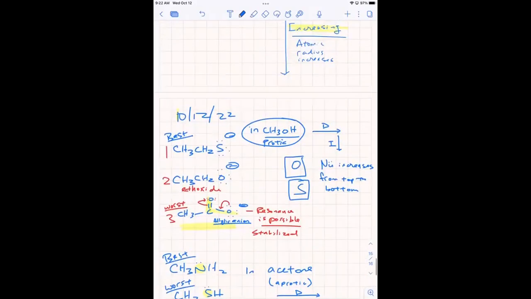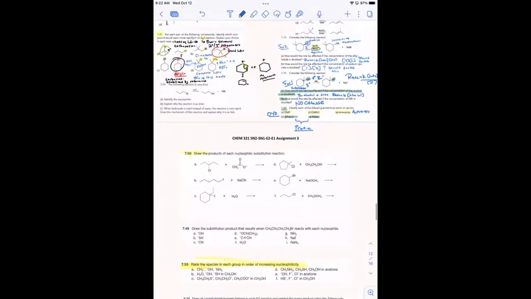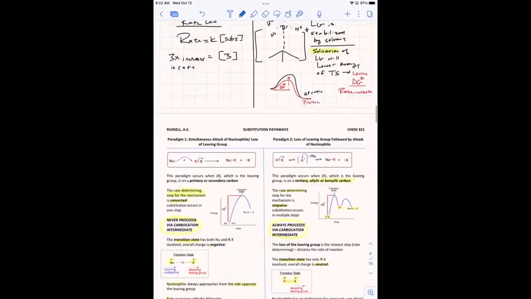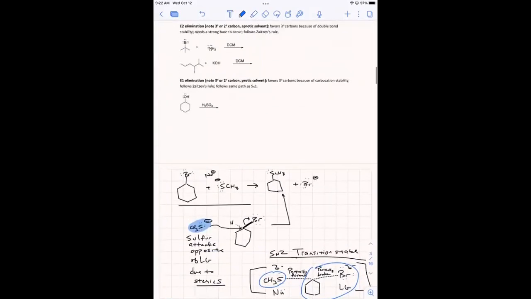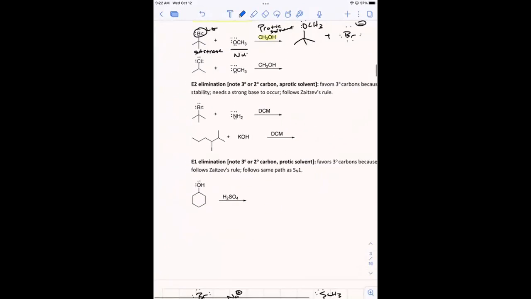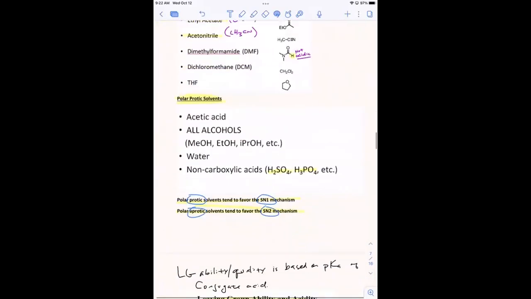All right, let's go to here. We're going to start talking about elimination. We'll go back to the beginning, to the top. And we're going to start here with E2. E2 elimination is, and I'm going to cut this out and put it on a different page. That way there'll be a separate section on elimination. I'm going to talk about the E2 just like I talked about the SN2.